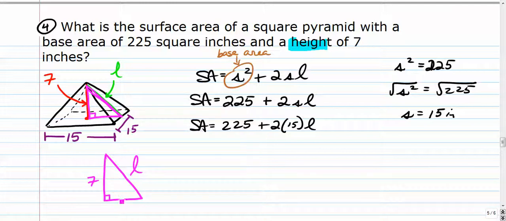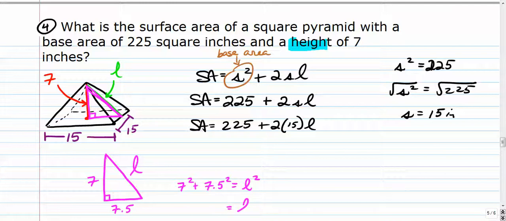This is L, and this distance is, again, half of the total side length. Half of 15 is 7.5. So you need to go to your calculator now. We're going to go 7 squared plus 7.5 squared equals L squared, and get yourself a slant height.